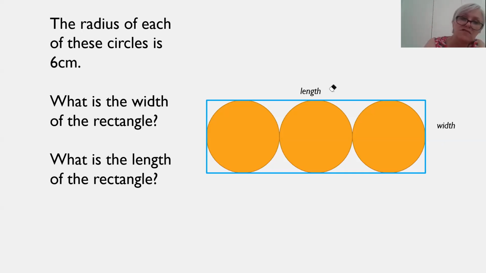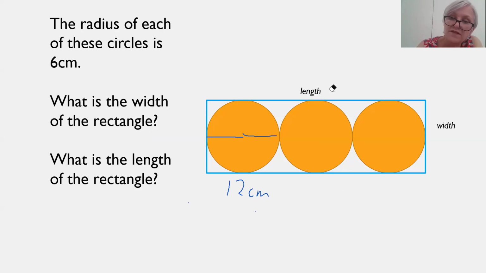If we know that the radius of each of these circles is 6, we also know that the diameter is 12, don't we? It goes all the way across, and that'll be 12 centimeters, just like it was for the width.